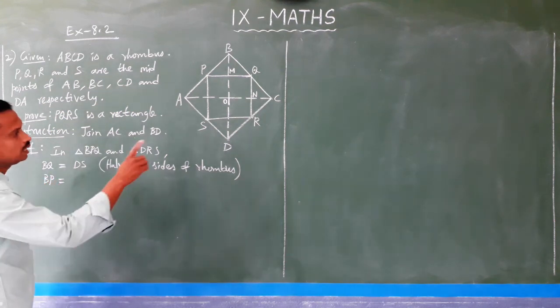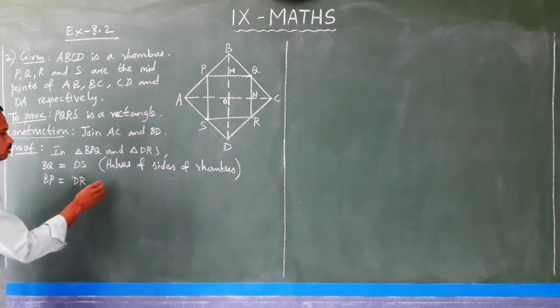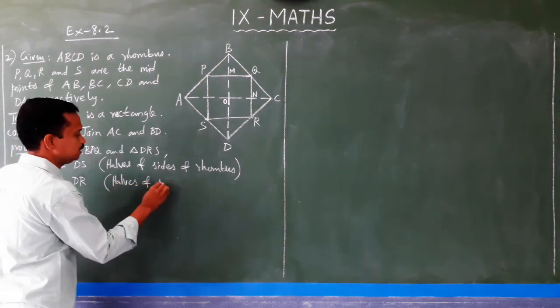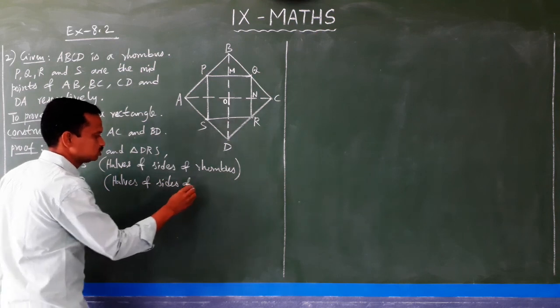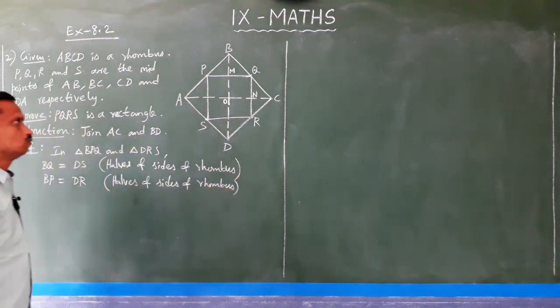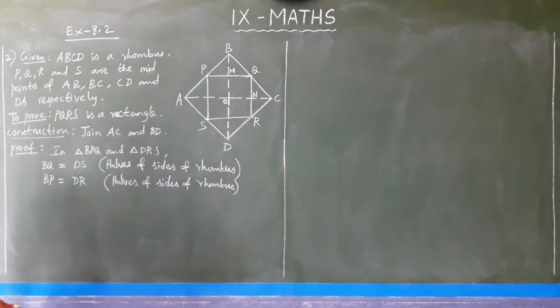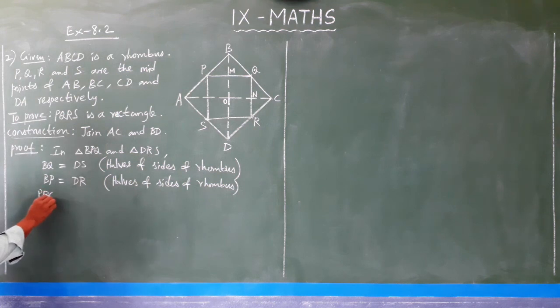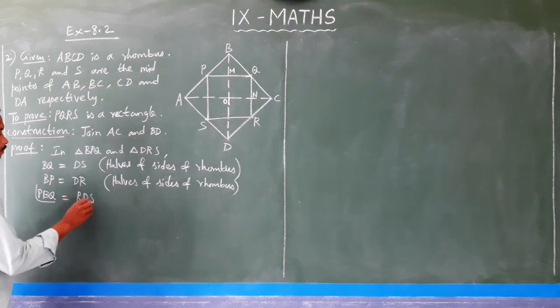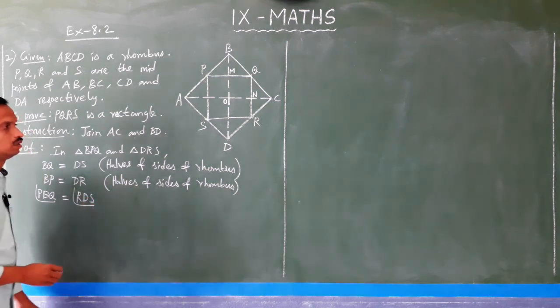And here we can take DR. This is also the same reason, half of the sides of the rhombus, because they are equal. And now, angle PBQ is equal to angle RDS. You know why?